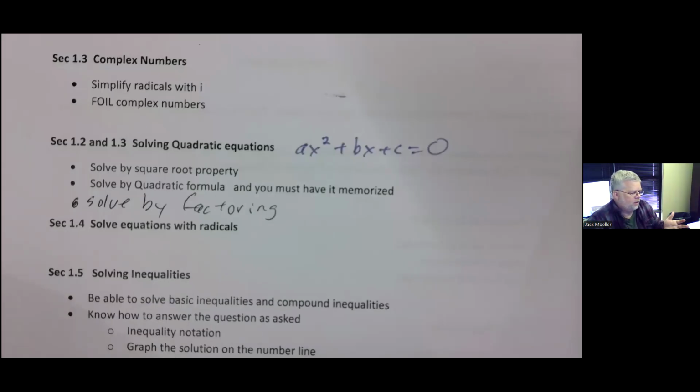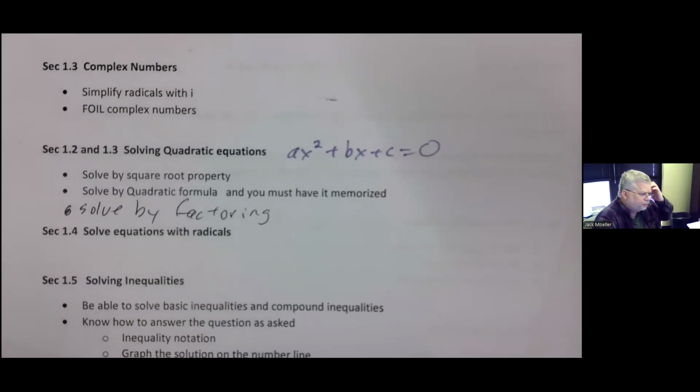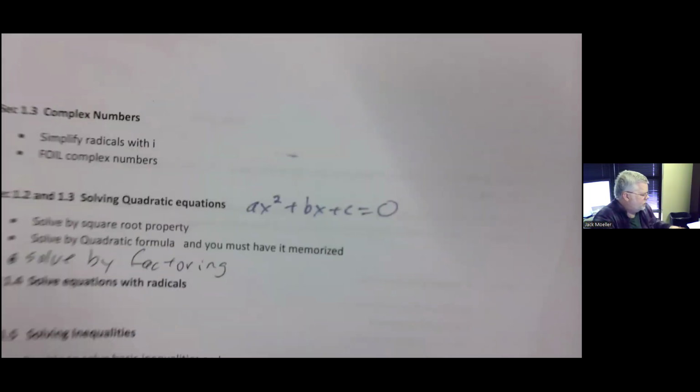You isolate the variable, you're done. Can't do that with quadratic equations, not exactly. All semester we're going to be solving linear and quadratic equations all the time, so you just have to be flexible going back and forth between the two. So that is today's video, sections 1.2 and 1.3.